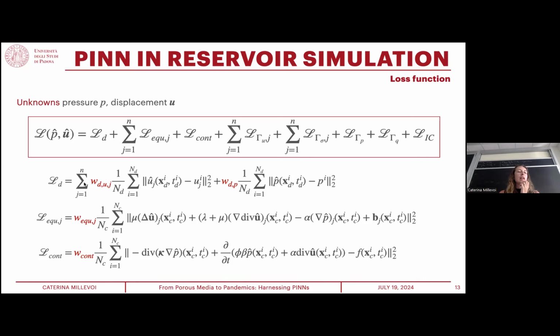That's why here I highlighted these constants that are called loss weights. They have two purposes. One is to make these different physical terms summable, and also to avoid one term overwhelming the other during the minimization of the PINN loss, because as you can see, this is a multi-objective problem and it's quite difficult to minimize.